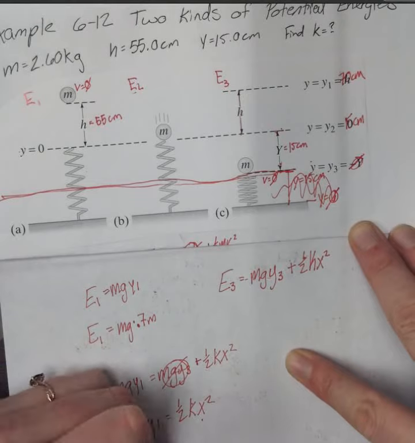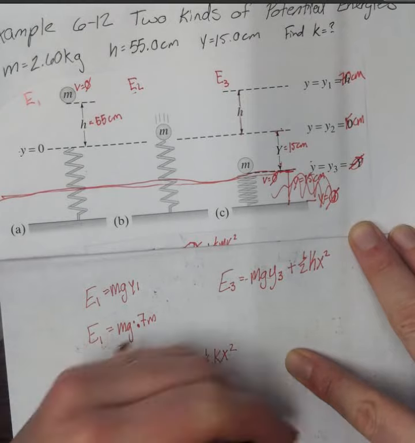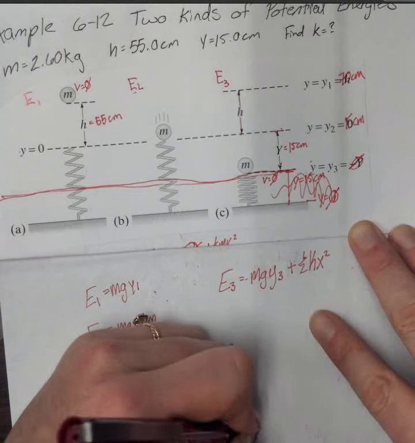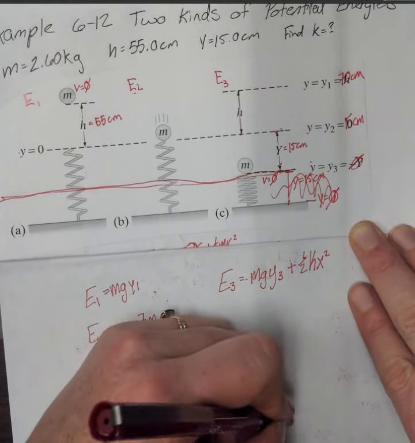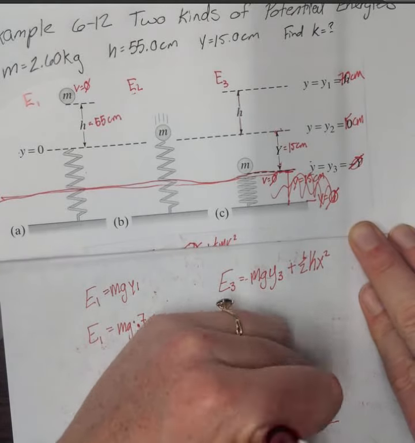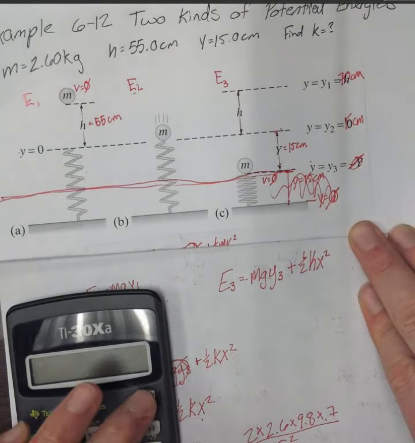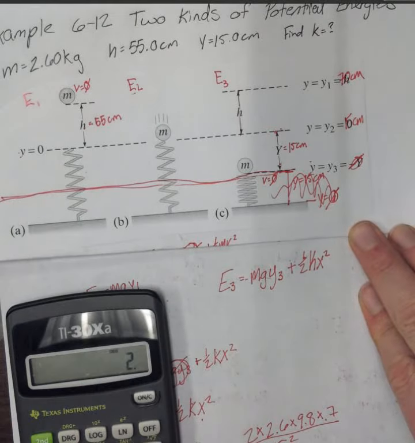K is going to equal mgy1 times 2 over x squared. So that's going to be 2 times 2.6 times 9.8 times 0.7 divided by 0.15 squared.